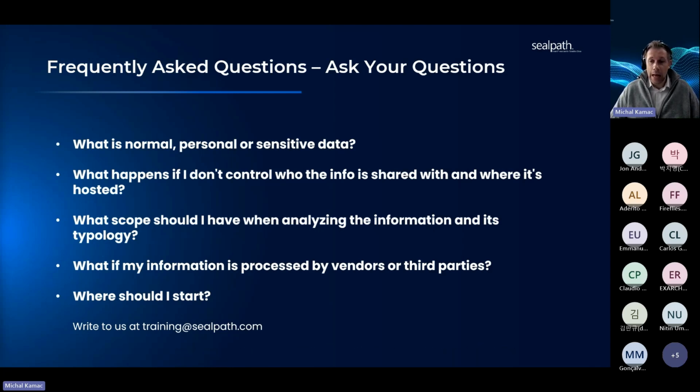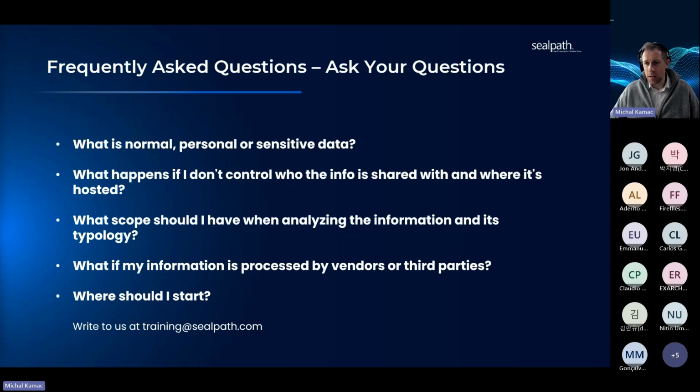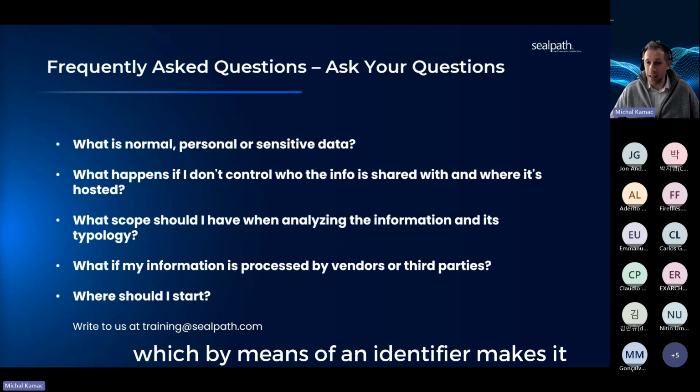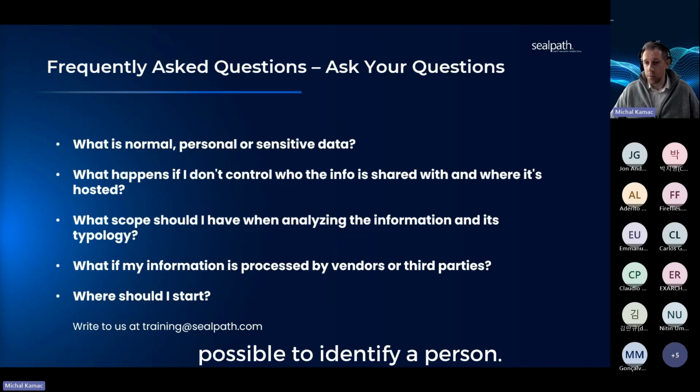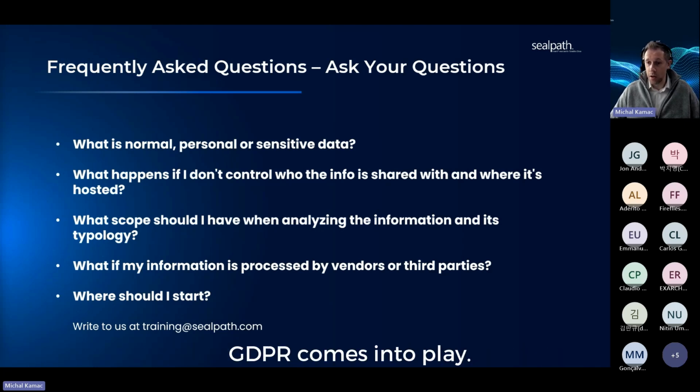Personal data, as for the definition, allows to identify a person. It's information, so this data is information which by means of an identifier makes it possible to identify a person. In this case, also data protection regulations such as GDPR come into play, okay?